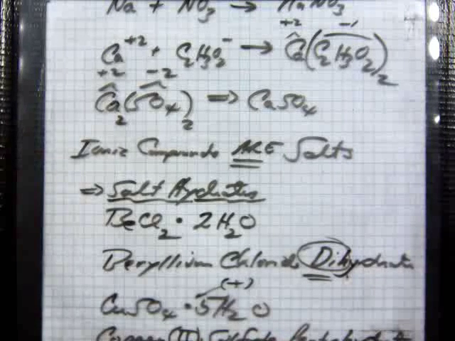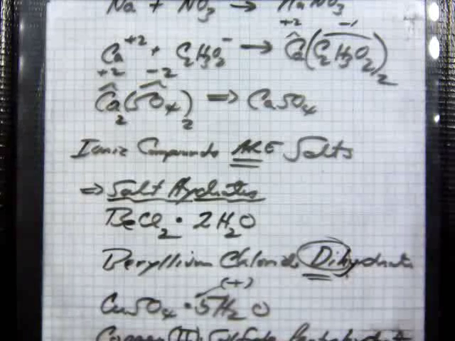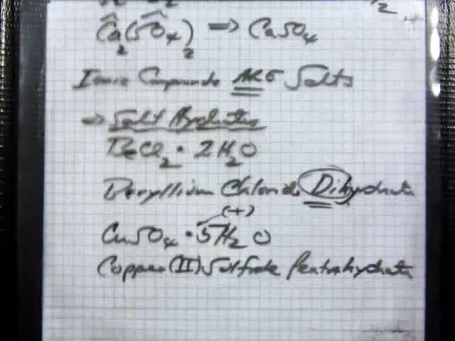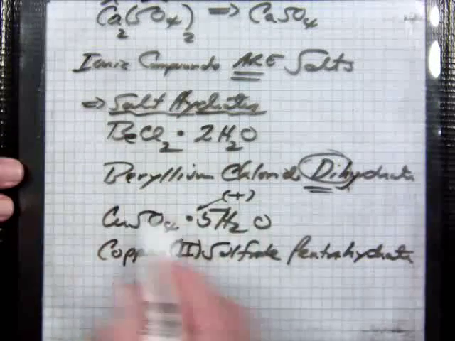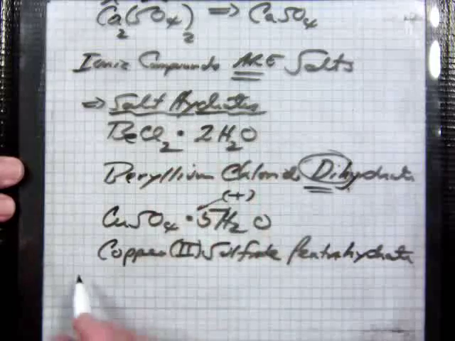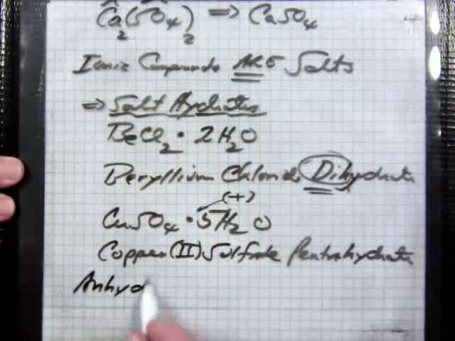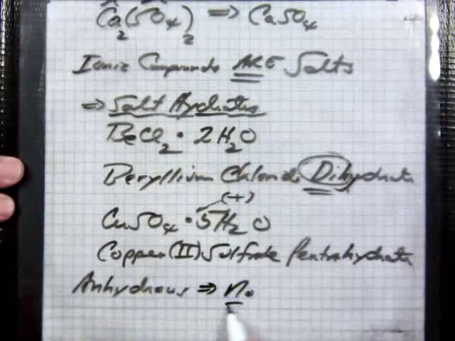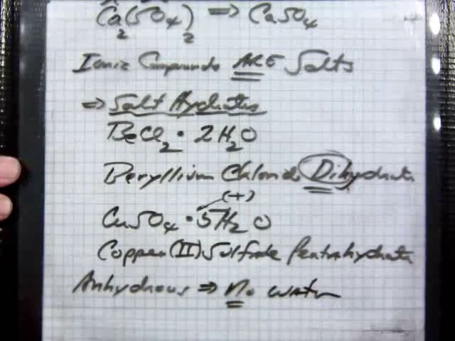It doesn't mean multiply, because some of you know about formula weights. If you were calculating the formula weight of copper sulfate pentahydrate, you would add 5 water weights to the anhydrous form. Anhydrous, or anhydrate, means no water attached.